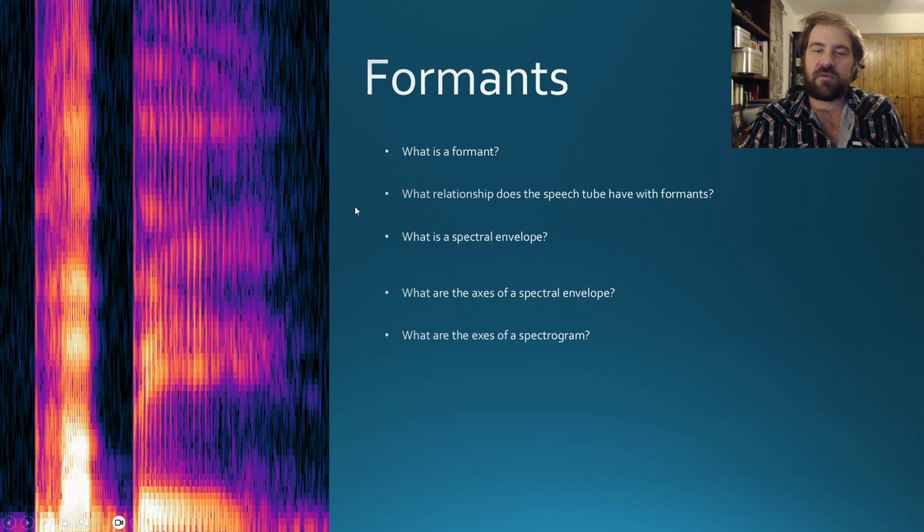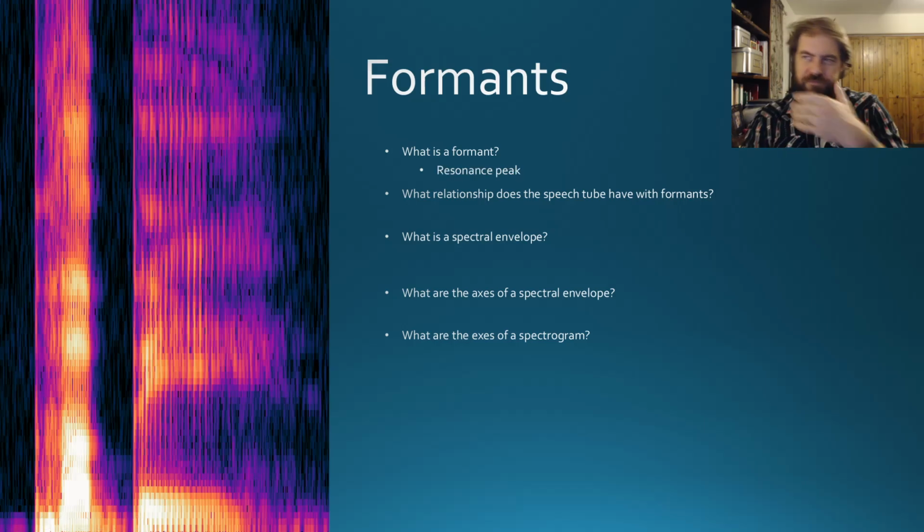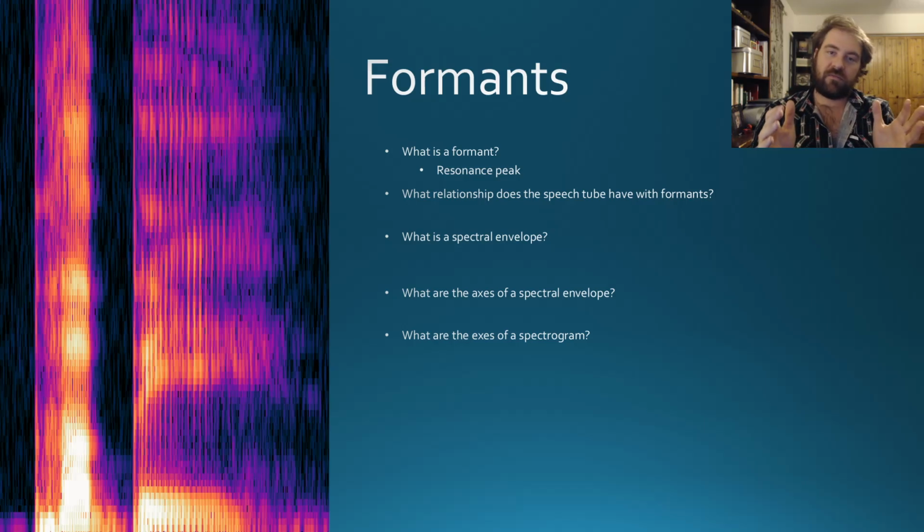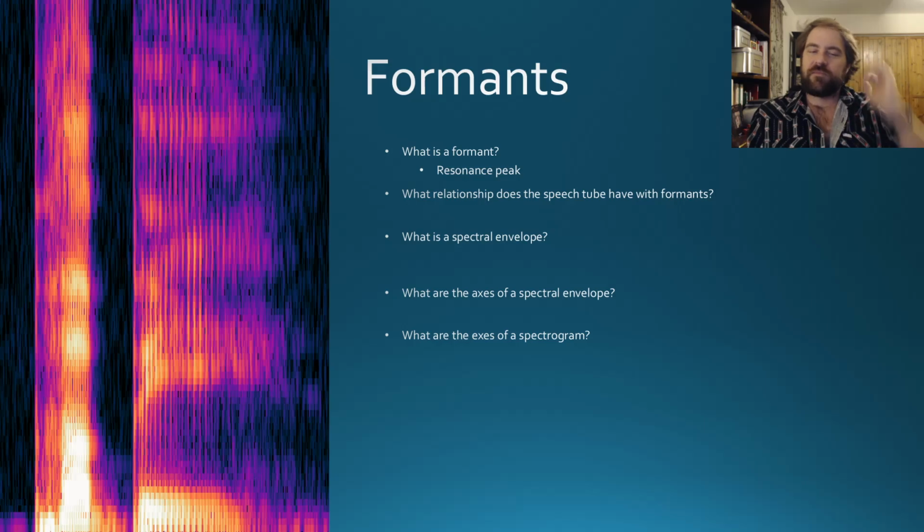But the answer that I'm looking for here is it's the resonance peak. So think back to the previous exams, we're calculating resonance peaks. What is the first, second, and third resonant frequency of a tube of this length? Well, that gives you the resonance peak, which becomes the formant.